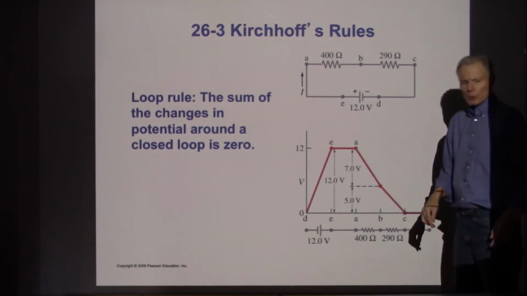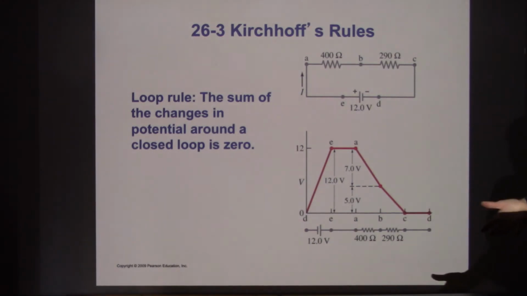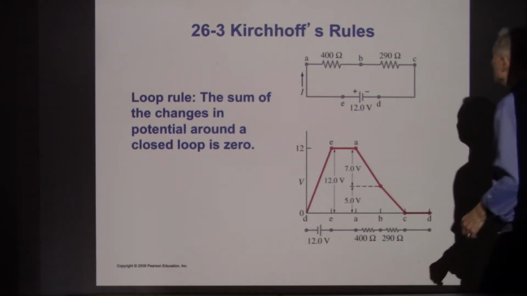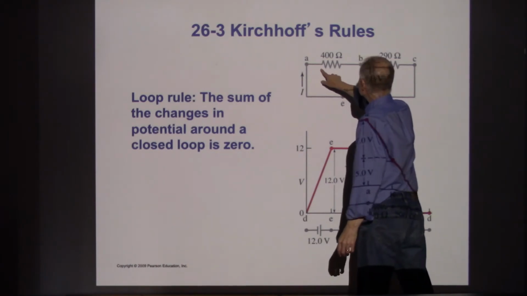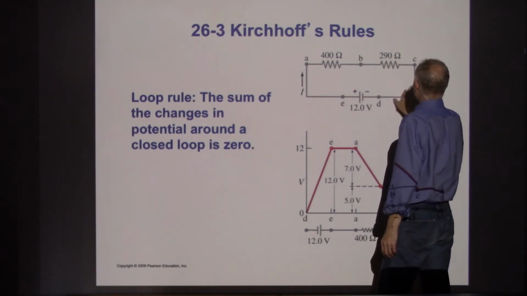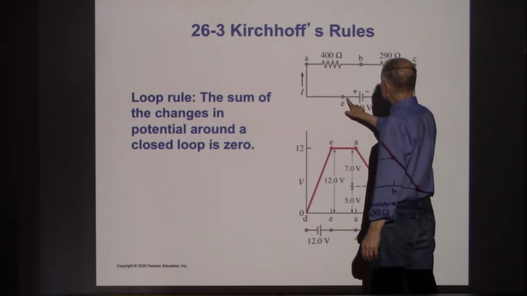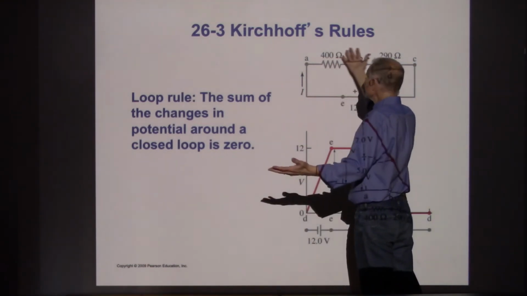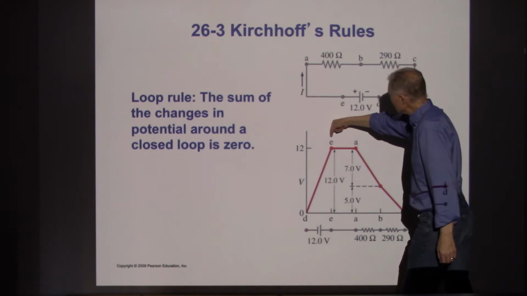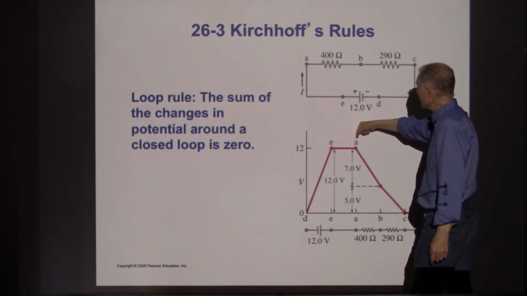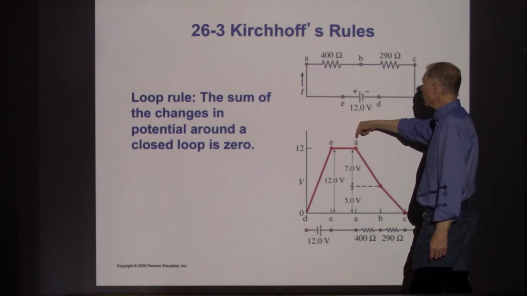So the battery is providing a voltage boost of 12. And then all of the other resistors are going to provide a voltage drop. So let's see, I went from point E to A. I didn't go through any devices, and so the voltage stayed the same. I'm going to label that as still at 12 volts.